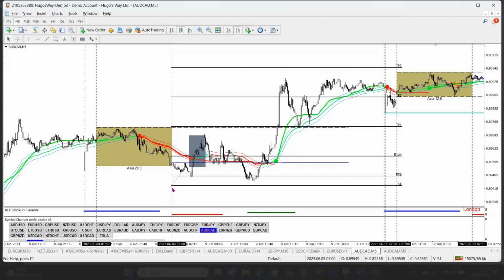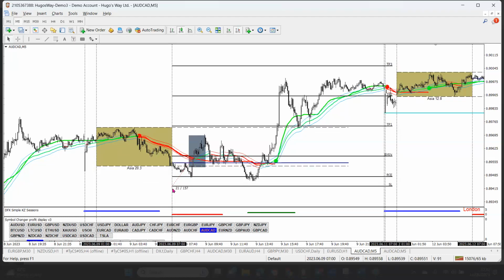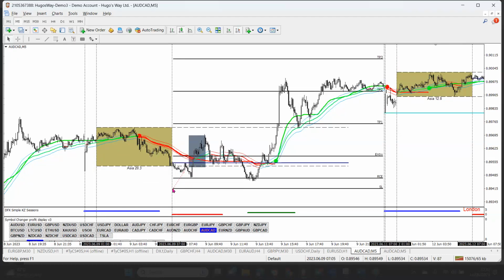Again, remember, I don't use 5 minutes on every pair. There's a reason why I'm using 5 minutes on AUD USD and AUD CAD. My data supported it, right? I won't use 5 minutes on GBP USD. So you need to understand that there's no blanket rule, right?